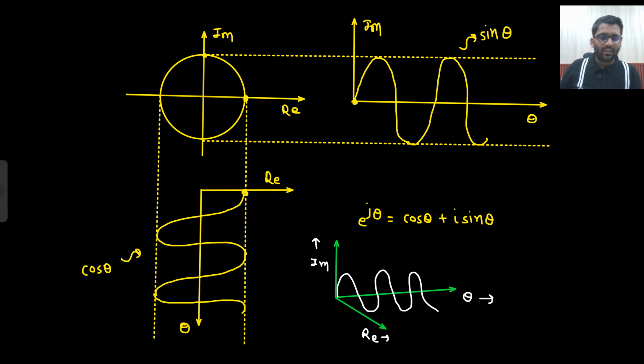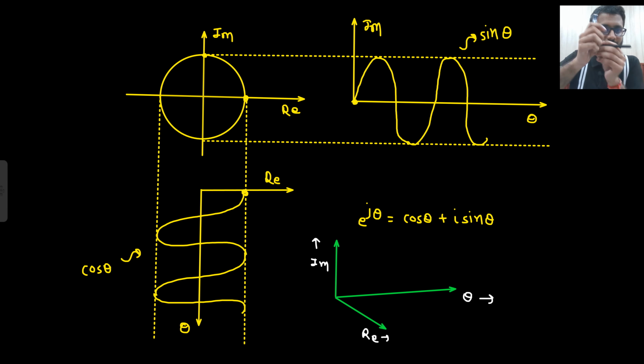Are you able to understand? No. Let's see it. This is your imaginary axis, this is your real axis, and this is your theta. Now I am making the sin theta graph. If we go along theta, this graph will keep on going like that.